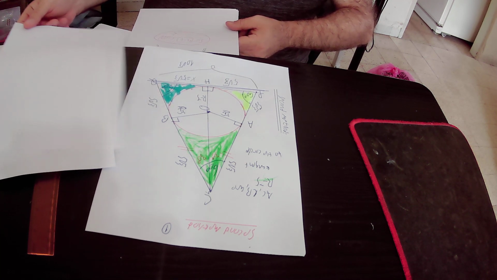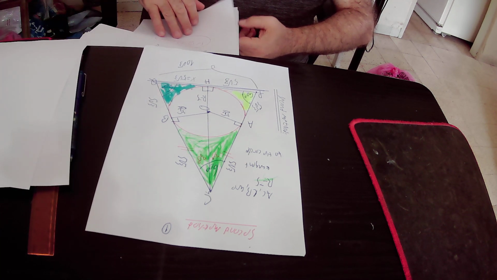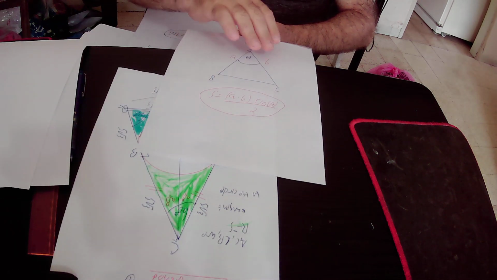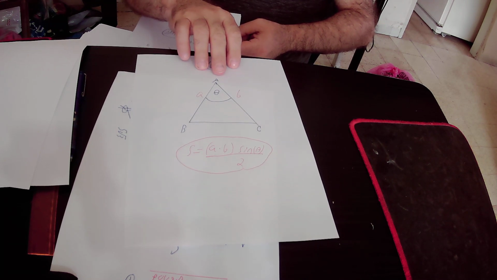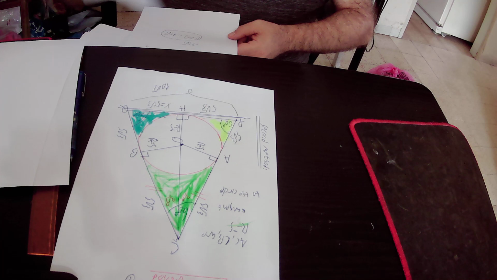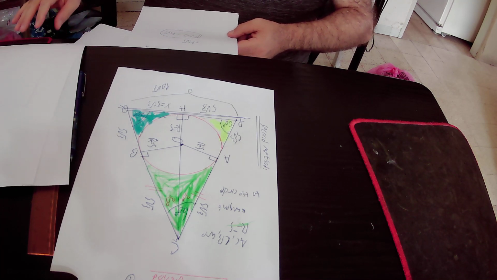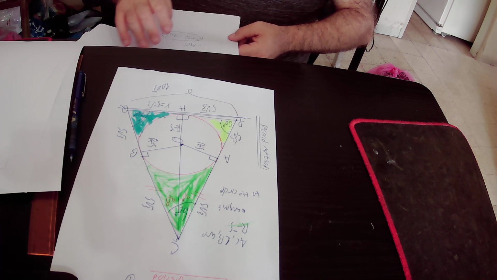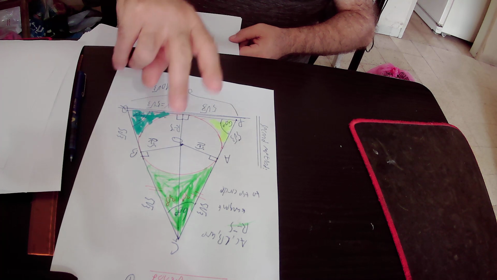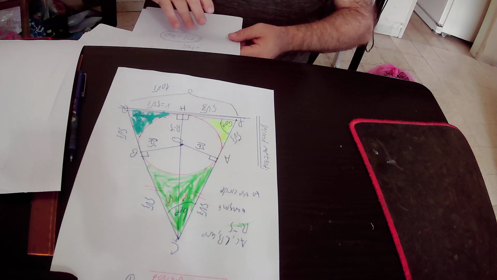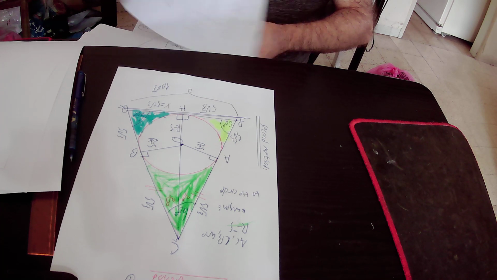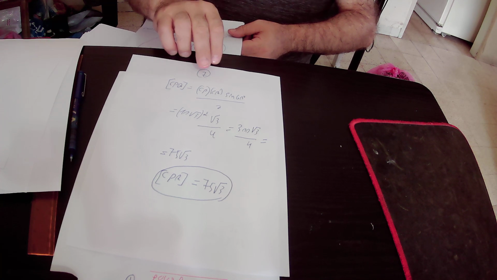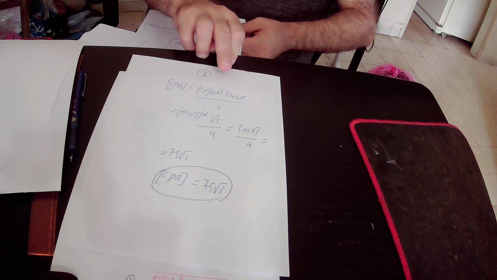And we know that the area of this triangle equals A times B times sine theta over 2. So according to the formula that I presented to you, the area of equilateral triangle CPQ will be equal to CP times CQ times sine 60 degrees over 2. Okay? The area of equilateral triangle CPQ will be equal to CP times CQ times sine 60 degrees over 2.